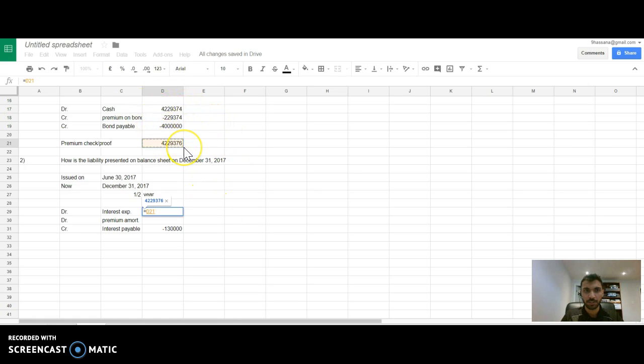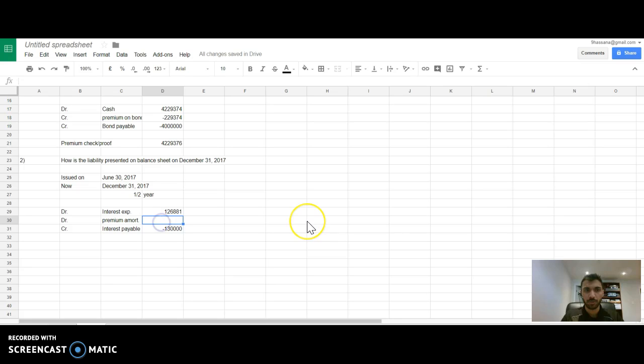So you take the initial value of the bond, the total value, and multiply that by your, I stand corrected, not the stated rate, the market rate, times half, because the stated rate is what we use for the actual interest. The market rate is what we use to calculate the expense. So what you should get is 126,881, and we're not so fussed with the decimal places, so we'll make that go away.